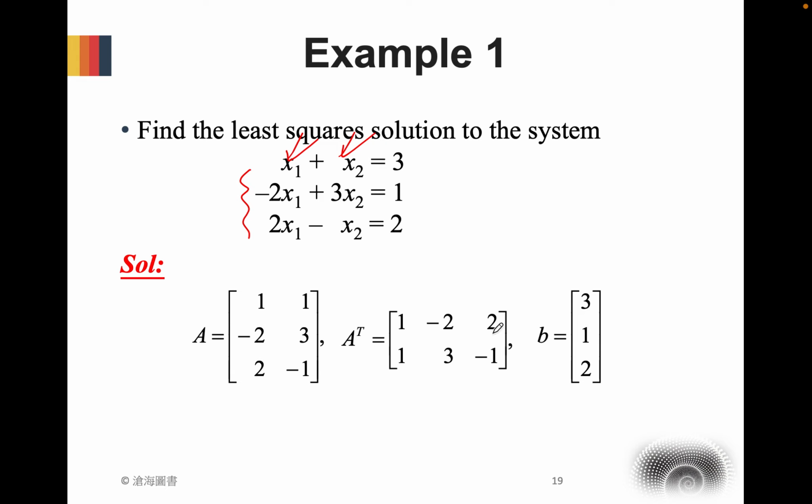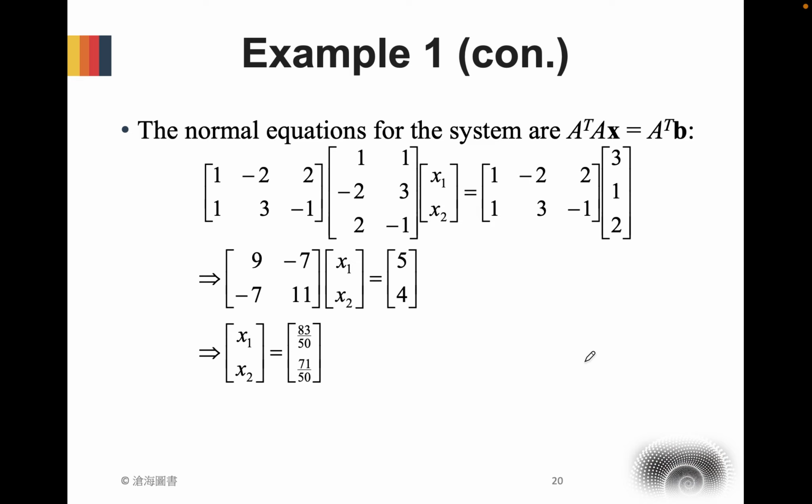And then A transpose. And then the vector b, 3, 1, 2. And then we solve this normal equation, A transpose A times x equals A transpose b. Right? So you can do some calculation, and finally you can get this. This is the corresponding least square solution. Okay?